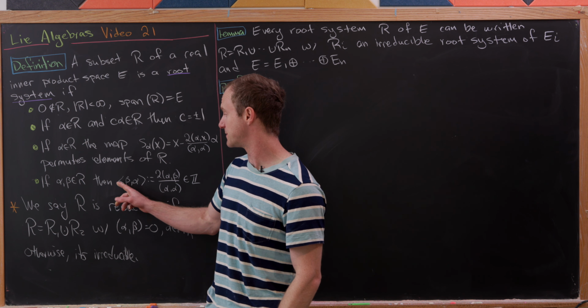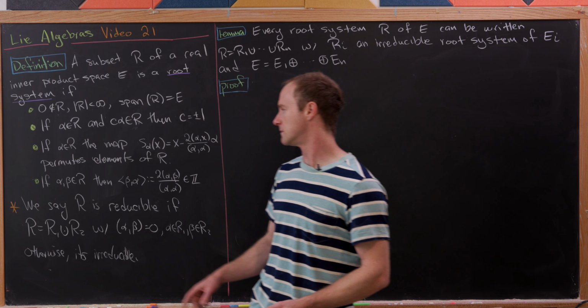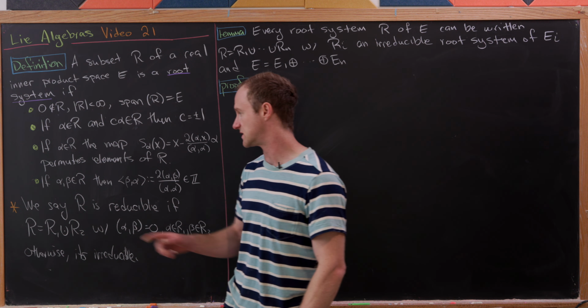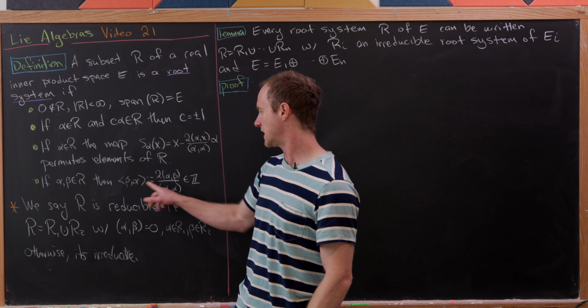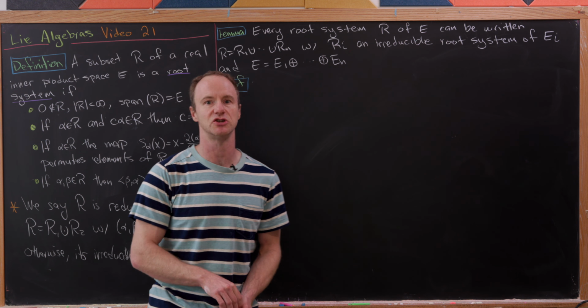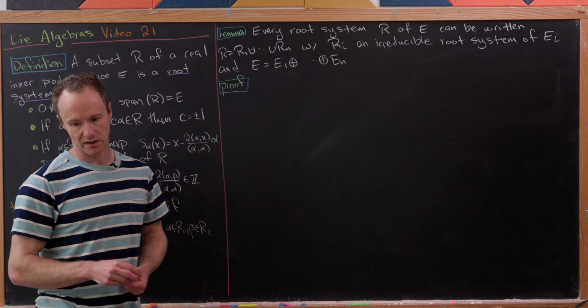I'm not going to say much about this fourth thing because it holds immediately as well. If alpha and beta are in R_k, then they're in R, and just looking at them in R, you get this object is in the integers, just as you need for R_k to be a root system.